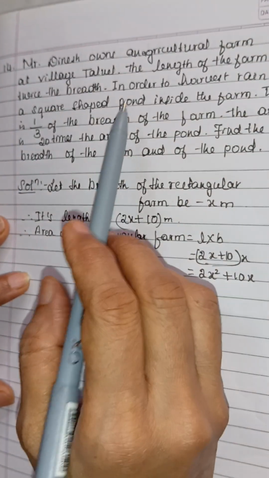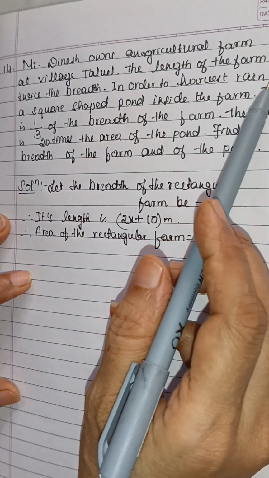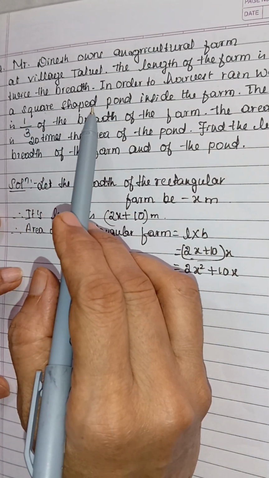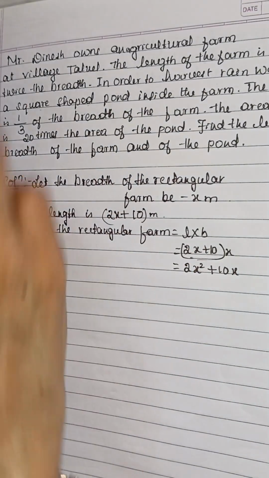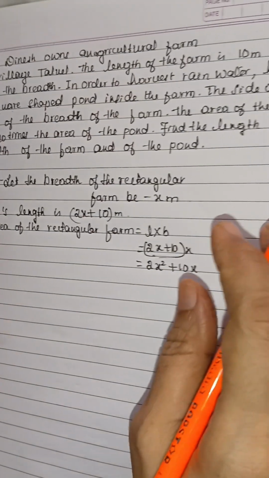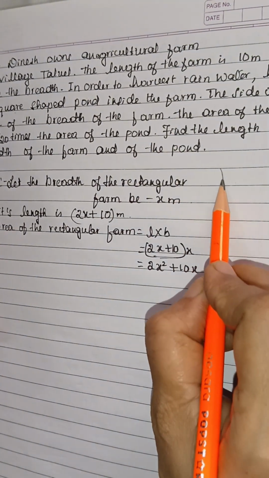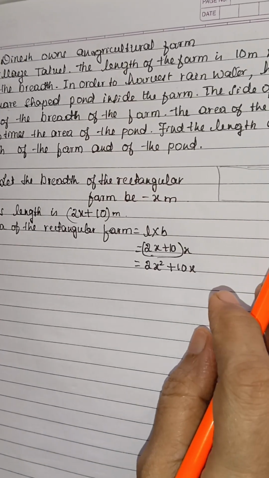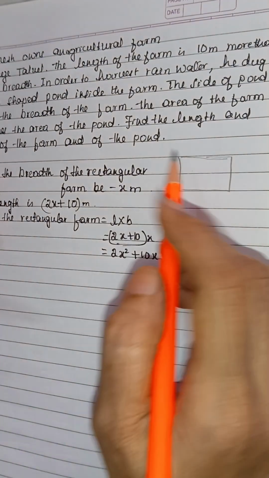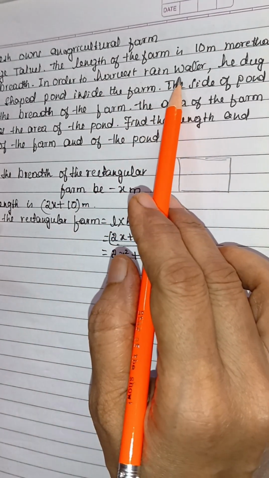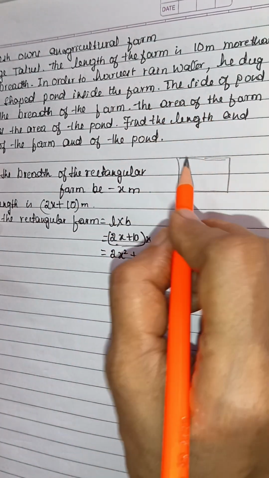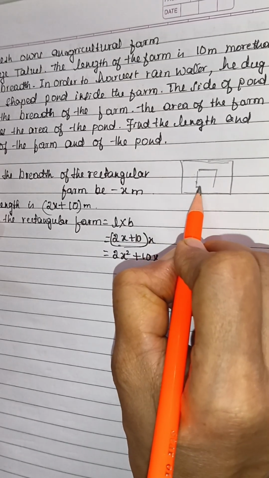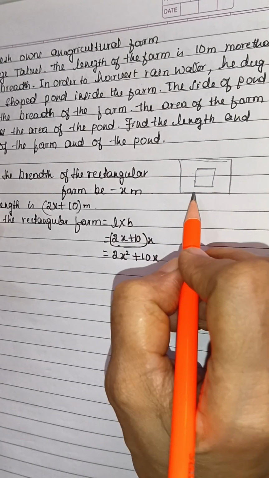Now, in order to harvest rainwater, he dug a square-shaped pond inside the farm. See, his farm is rectangular shape in this way. Okay, rectangular shape. So, he dug a square-shaped pond inside the farm.